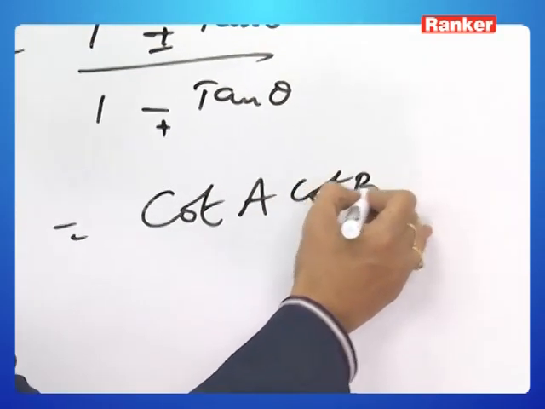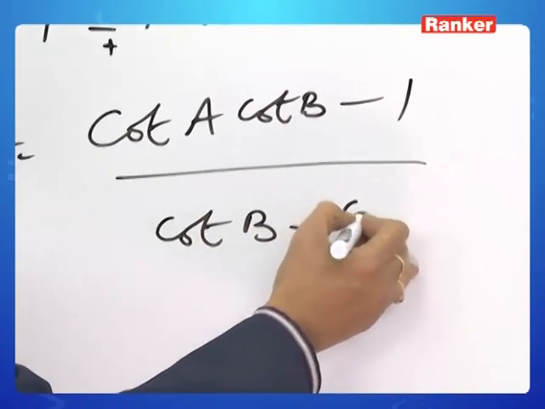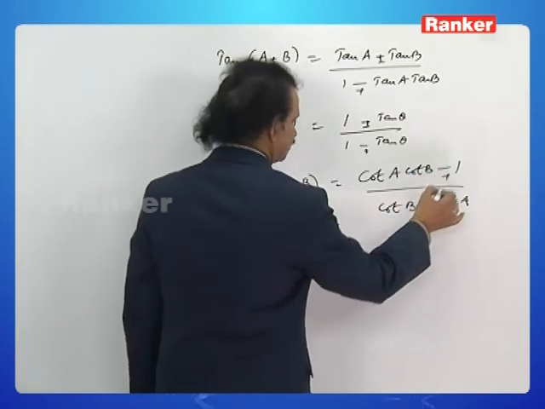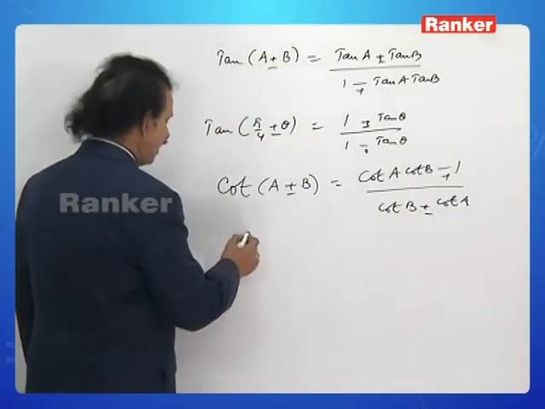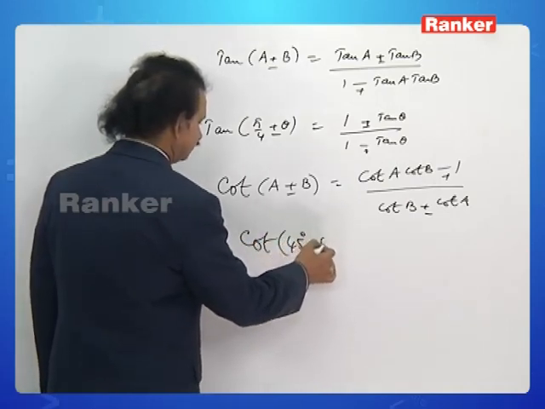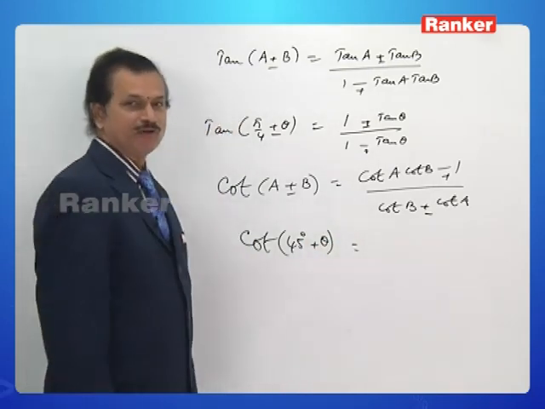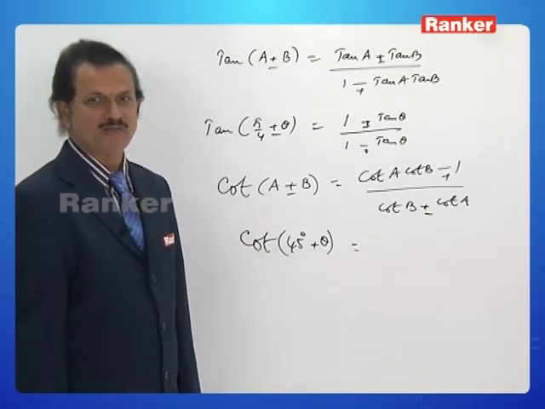Cot a cot b minus 1 by cot b plus cot a. If this is minus, this is plus, this is minus. Now tell me, what is cot of 45 plus theta? In the place of A, you replace 45, and in the place of B, let us replace theta.